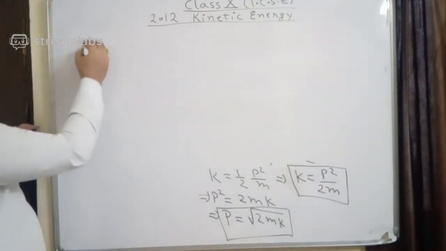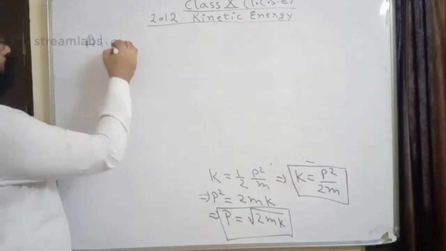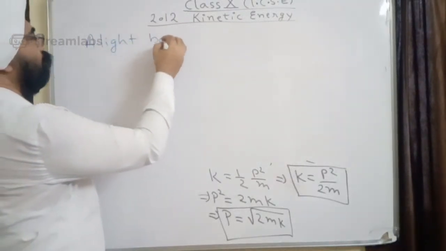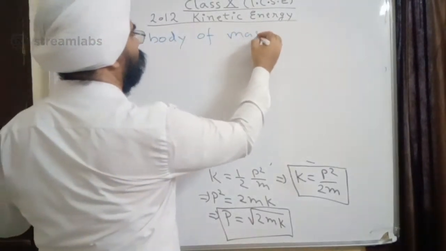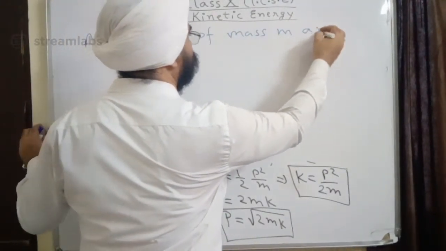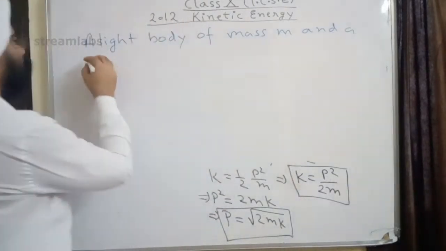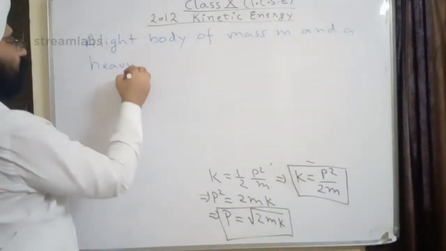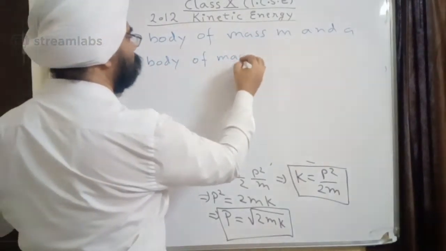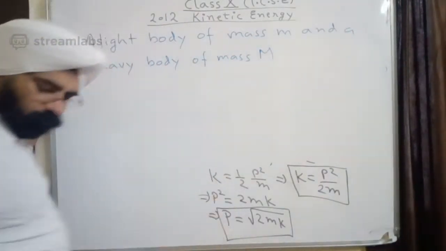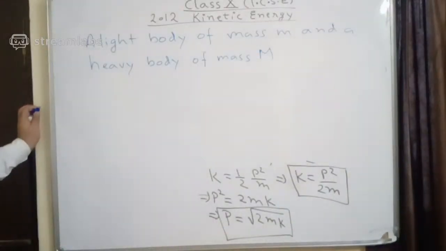A light body of mass m and a heavy body of mass capital M have the same momentum.